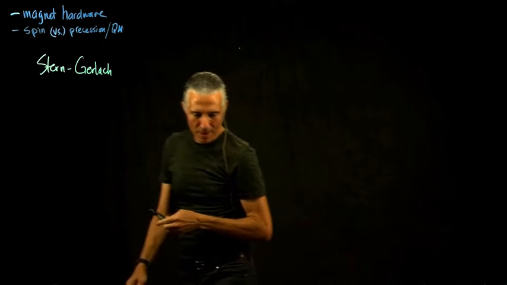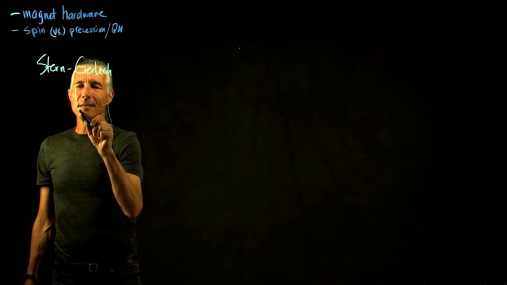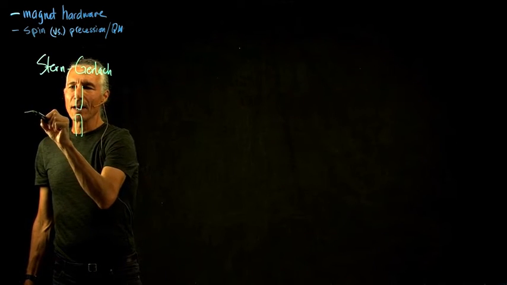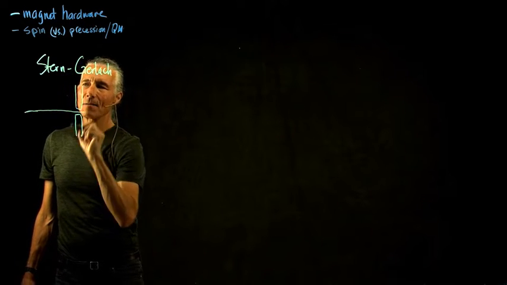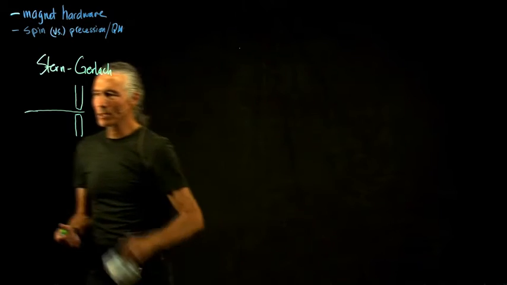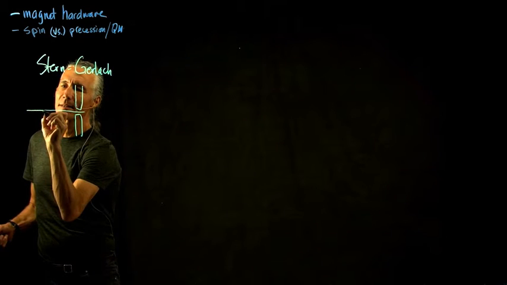For this experiment, they got a really strong magnet, and then they got some silver atoms and just shot them through the strong magnet. Now, these were neutral silver atoms, so they weren't charged. They had electrons and protons, and so they weren't charged.